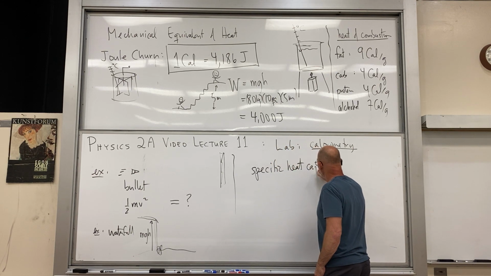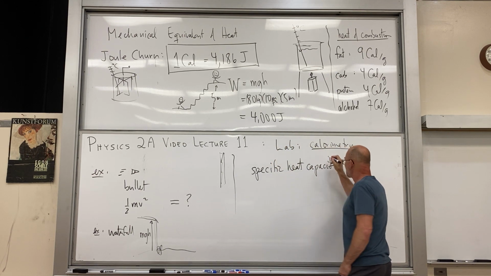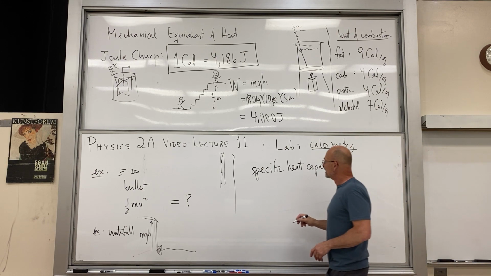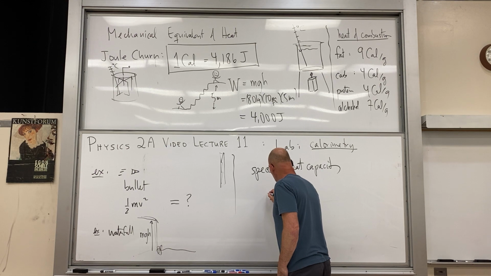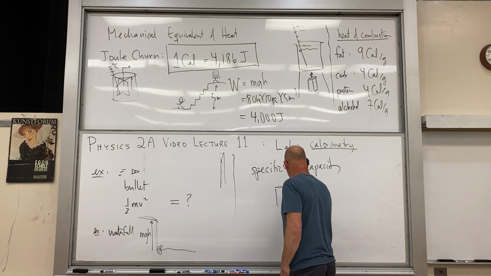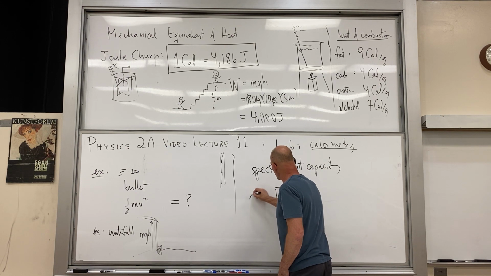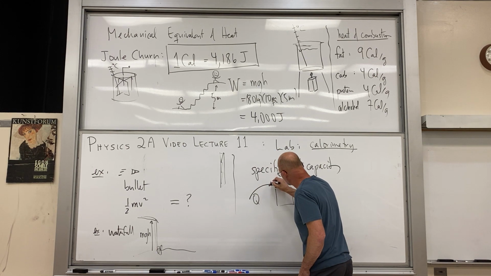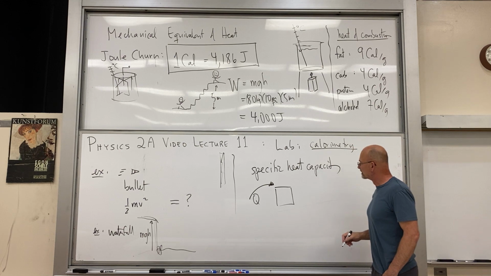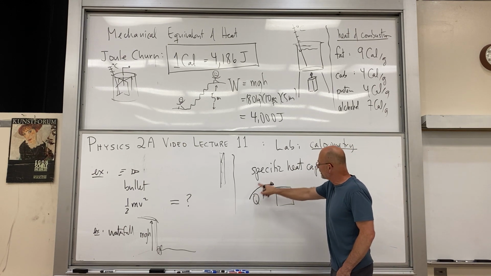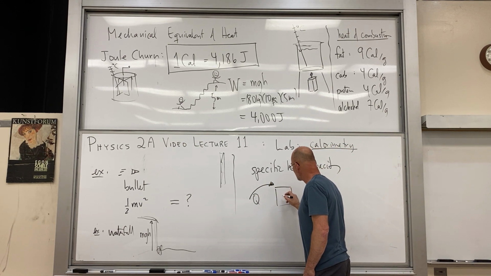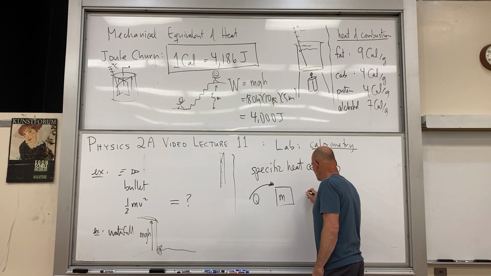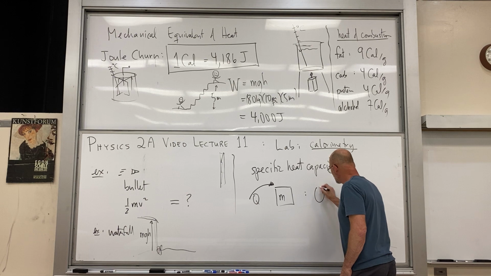Because not every substance reacts the same. So what I'm going to do is draw a cartoon I like, and I just have an object here, and I'm representing heat flowing into this object with the letter Q. Okay, so the thermal energy flows into the object, the letter Q, and it's an object of mass M. And what we have then is Q, right?